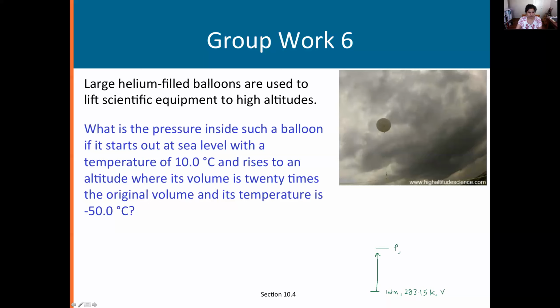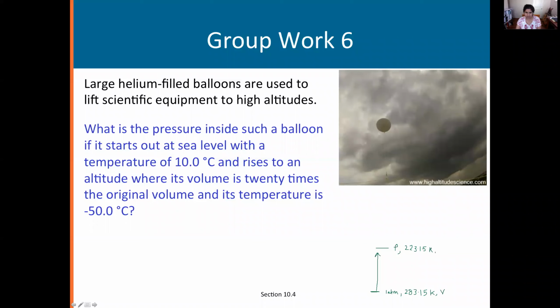We know its temperature is minus 50 degrees, so we have 273.15 minus 50, sorry, beg your pardon, so that digit is going to be a 223.15 Kelvin.